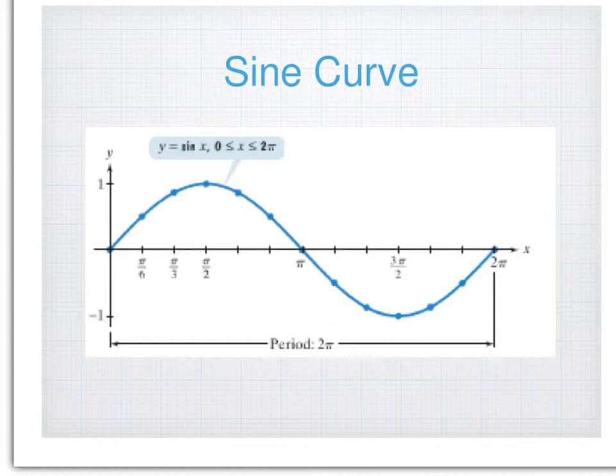Here it's a little bit more precise. We can see the 30 degree angle here, the 60 degree, the 90 degree, and this is one rotation around the unit circle. Our period is 2 pi. Remember, period is how long until it starts to recycle.